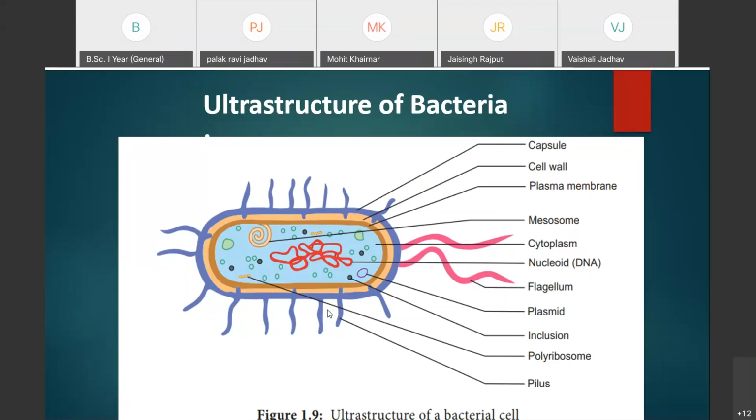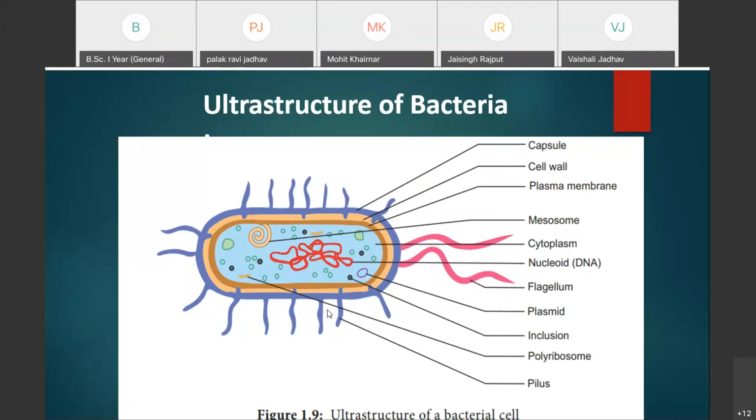Bacterial cells, as we have discussed, are microscopic, very small sized, and that's why the detailed study of the bacterial cell is not possible under the conventional light microscope.